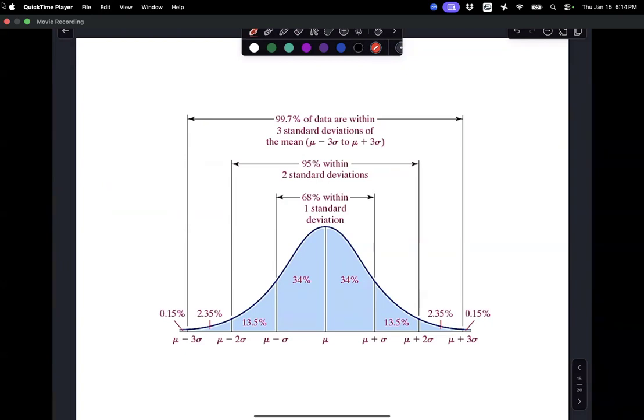So this is the mean right here, this red line that I just drew really poorly. It is smack dab in the middle of my bell curve. So I've got the 34% here to the left of my mean down to one standard deviation below, and 34% here to the right of my mean up to one standard deviation above.